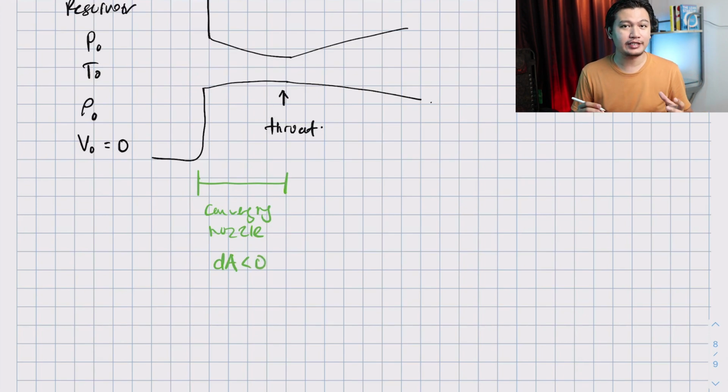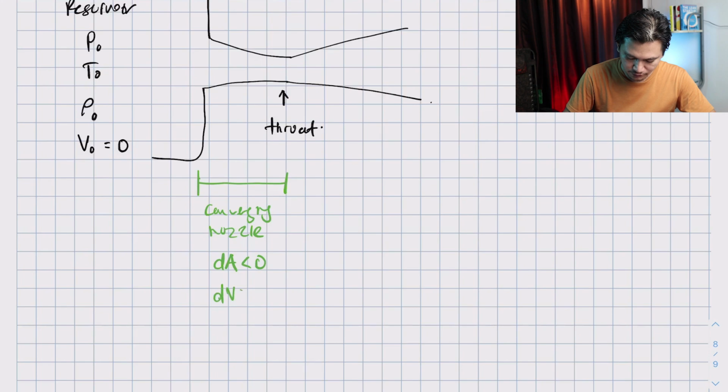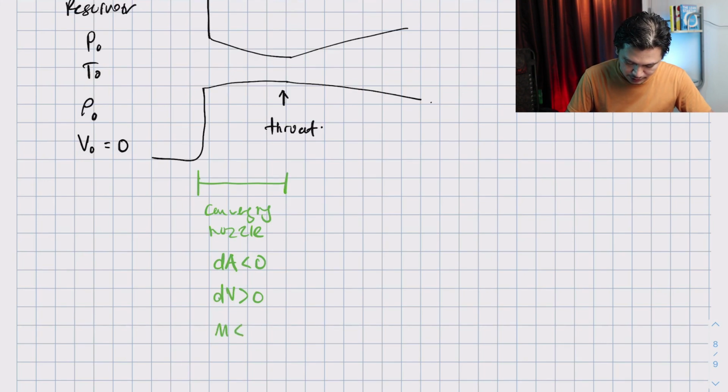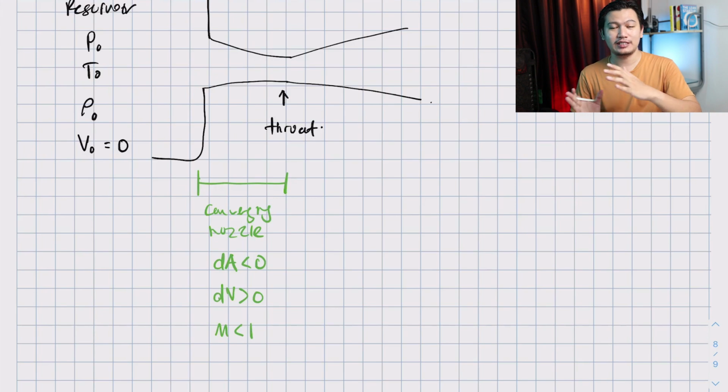Okay, the change in area has to be negative because it's a converging nozzle, right? And then when dA is negative, the velocity will always increase because the Mach number is still less than 1. The flow is still accelerating to Mach number equal to 1.